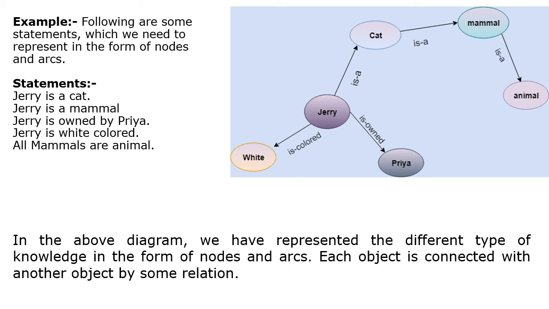All mammals are animals. This is an animal relationship. So in the above diagram, we have represented the different types of knowledge in the form of nodes and arcs. Each object is connected with another object by some relations.